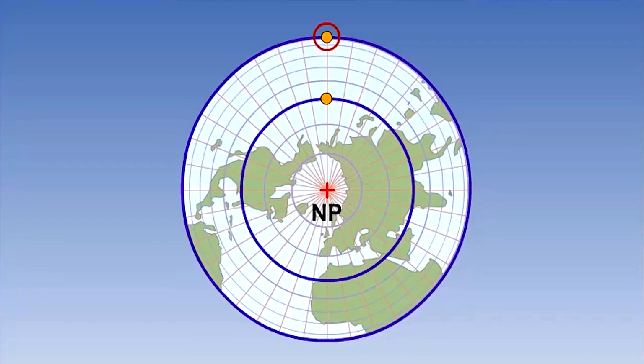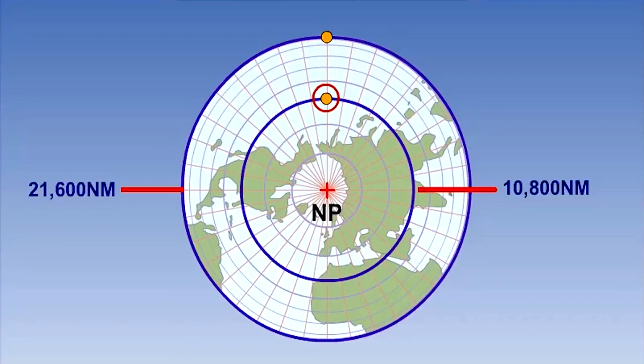The distance that the point on the equator traveled was 21,600 nautical miles, whereas the point at 60 degrees north only traveled half that distance. Yet they completed this in the same time. This has an important effect. It means that the point on the equator is traveling faster in space than the point at 60 degrees north.